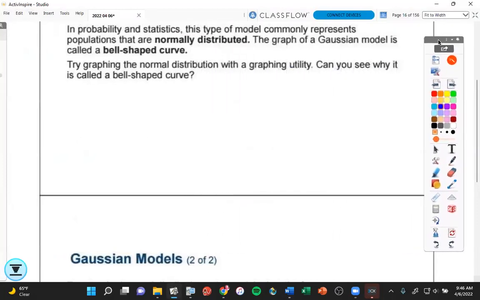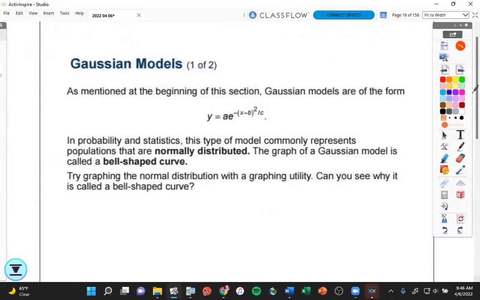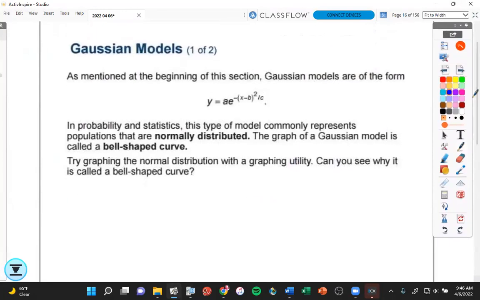So a bell curve looks like this. This is going to be your average.